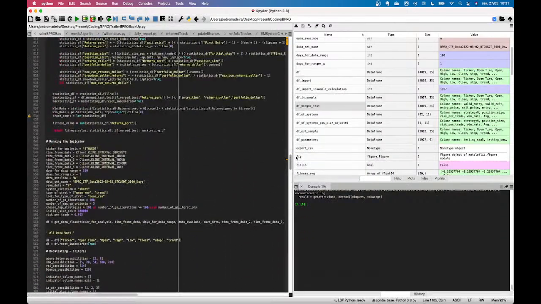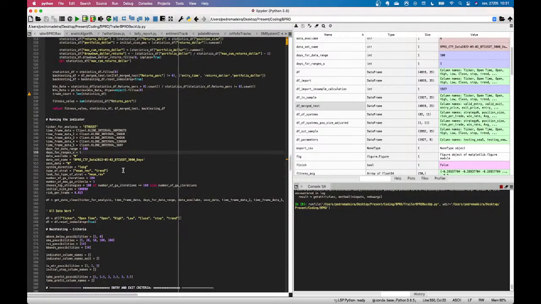Let's try to go for longs. Let's try a long trading system here.